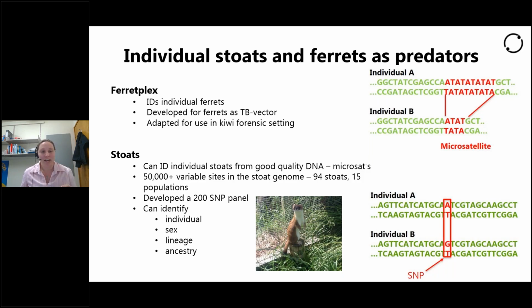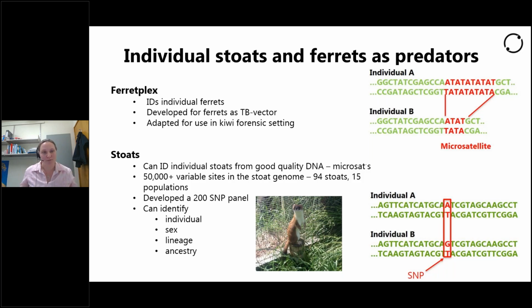And because it's a variation in a single nucleotide or a single site, it occurs thousands of times throughout your genome. So looking at stoats, we identified more than 50,000 of these variable sites in the stoat genome. And we did that by looking at 94 stoats across 15 populations.